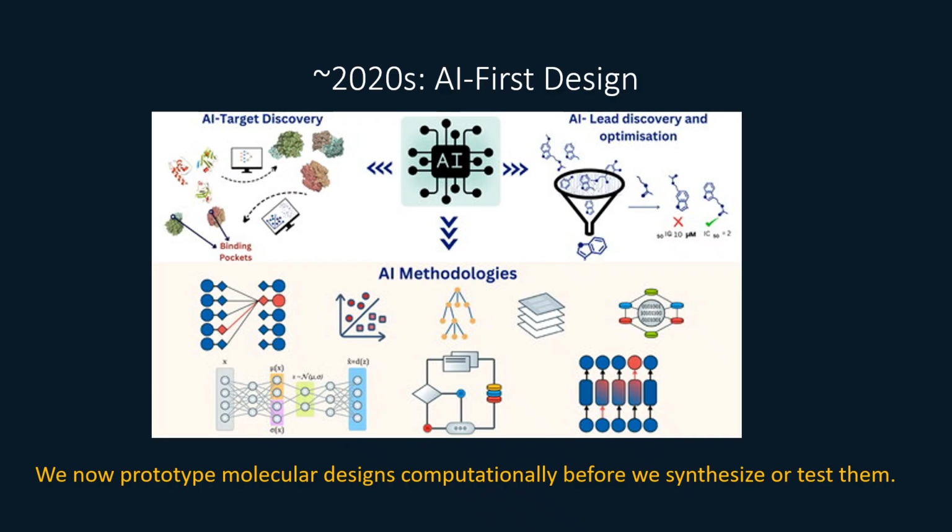We have moved from just analyzing existing libraries to generating entirely new structures from scratch. With tools like AlphaFold and generative AI, the computer is no longer just an assistant checking our work. It is becoming the primary engine for design.